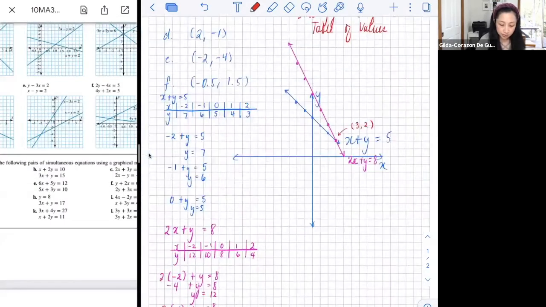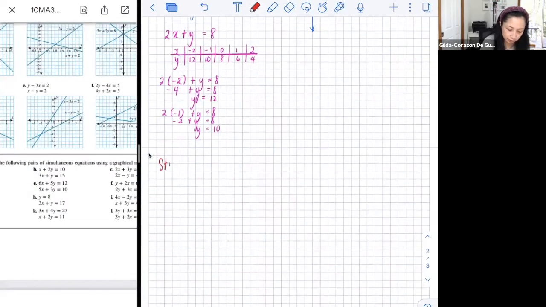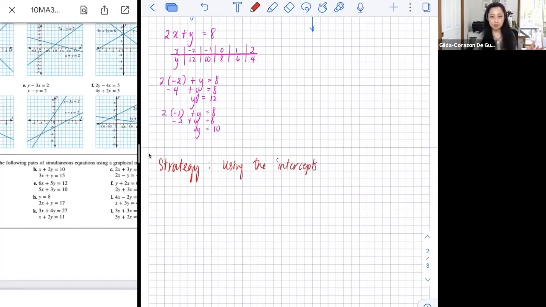And the next one, which would probably be a better way of graphing lines, would be using the intercepts. When you say intercepts, those are the points where they cross the x-axis and the y-axis.